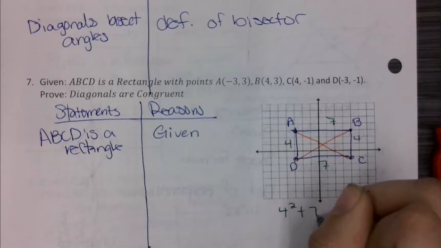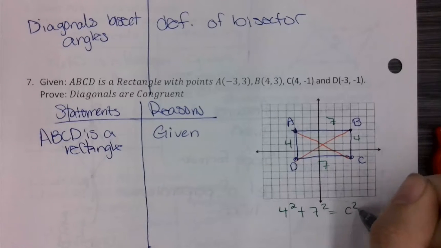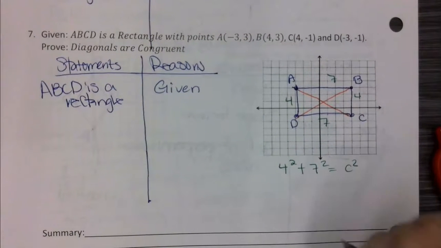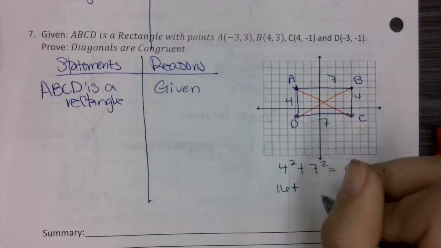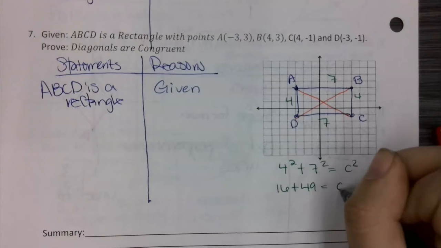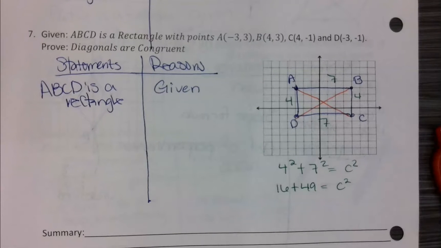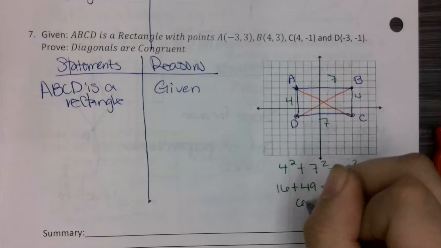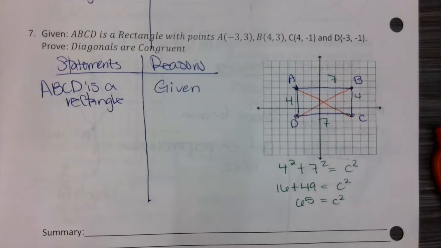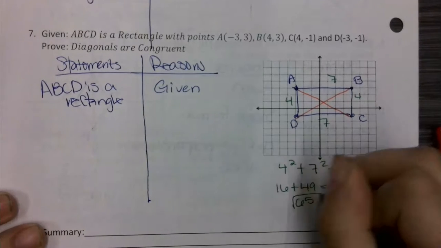So I have 4 squared plus 7 squared equals C squared, which is 65. Then what's the square root of 65?